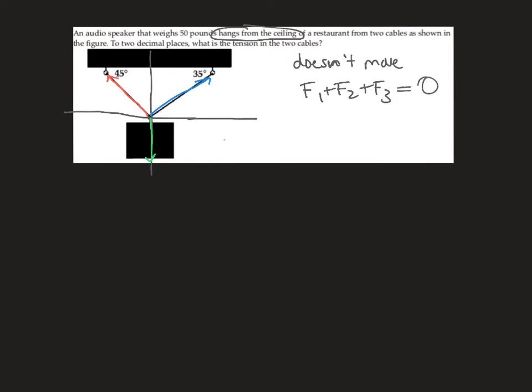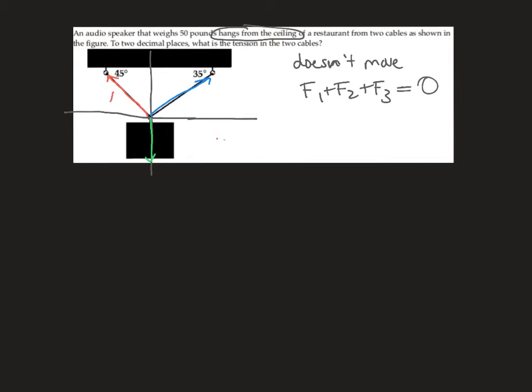It's in equilibrium, it's static, it's not moving. So we're basically going to do exactly what we did with the prior example and the last example from yesterday, but it's going to be a little different. For this, I'm going to name it force 1.